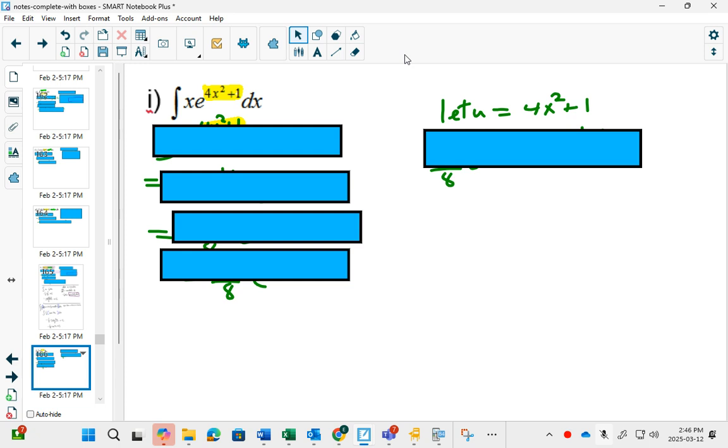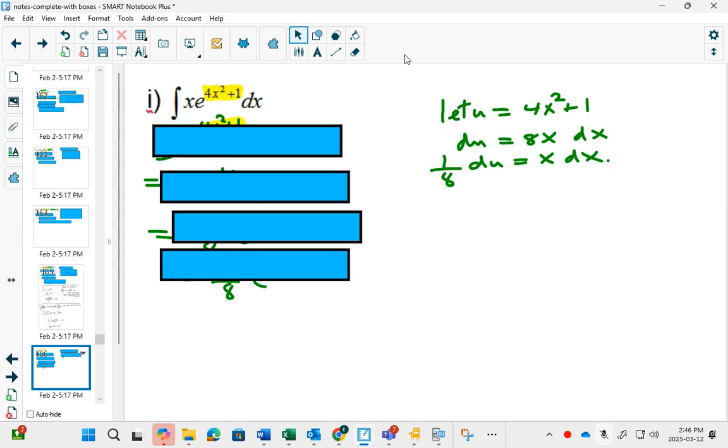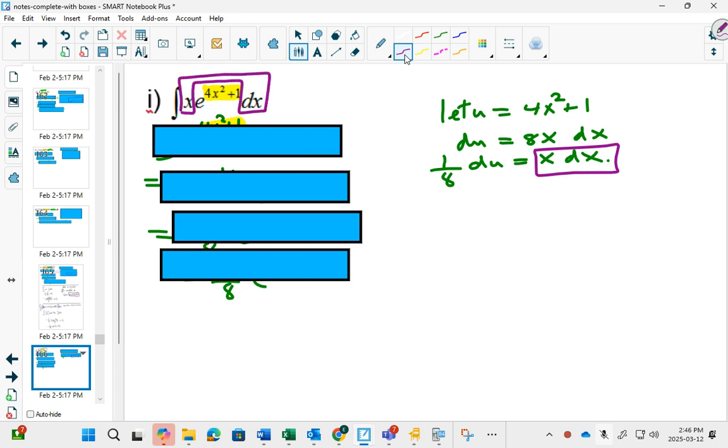So when I take the derivative of this, I get 8x. If I move the dx over, I can divide by 8 so that, here it is, oh, look at the purple box. All that purple can get replaced with 1/8 du.